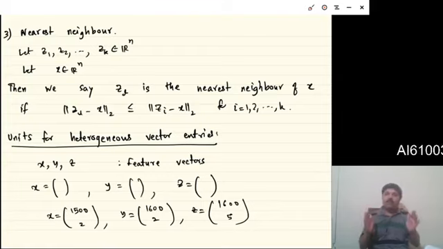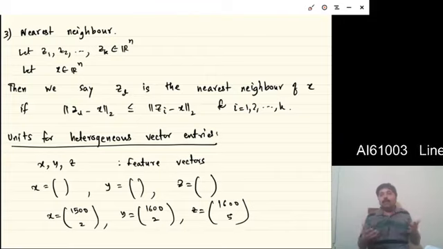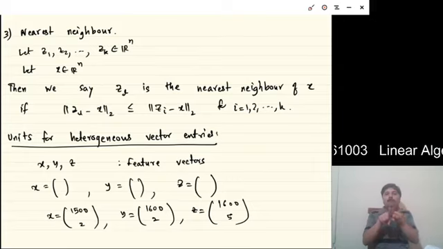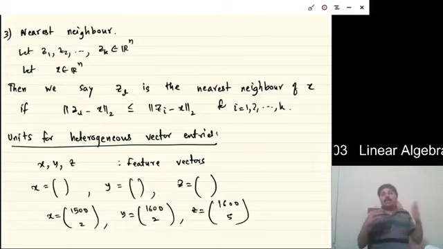And now if I look at the Euclidean distance of the scaled vectors, then probably I will get a much more meaningful similarity distinction between the vectors x, y, z, rather than just looking at x, y, z as I have them here.